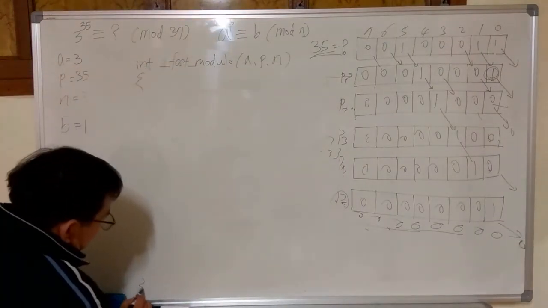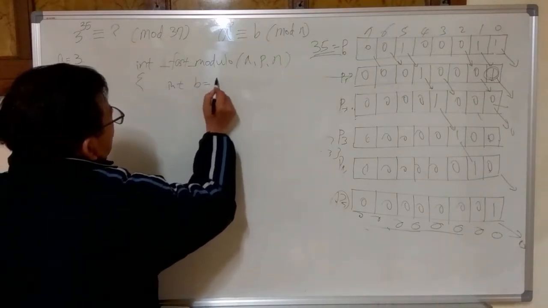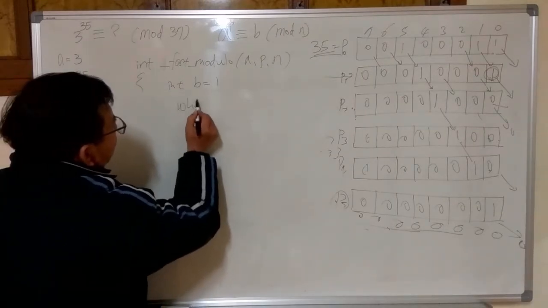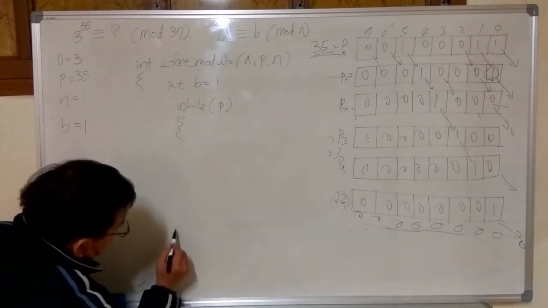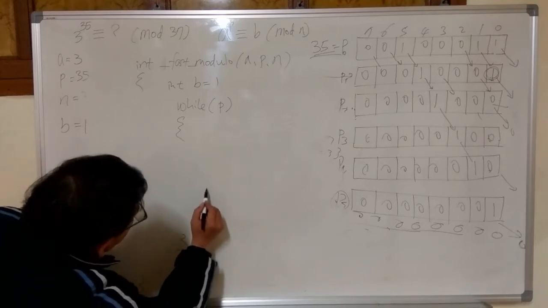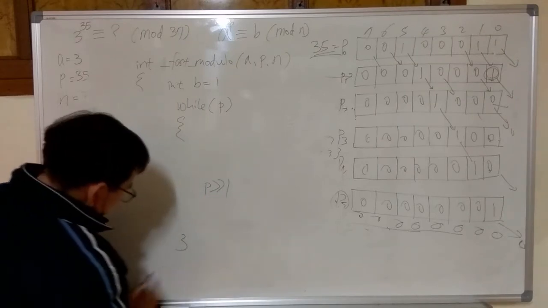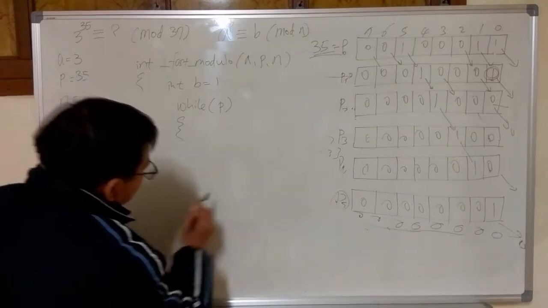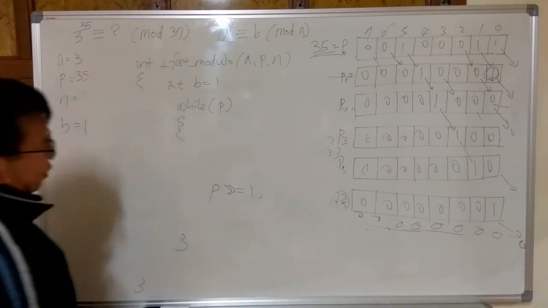Then open curly brace. Initially, int B equals 1. Then while P, P shift equals 1. Okay.